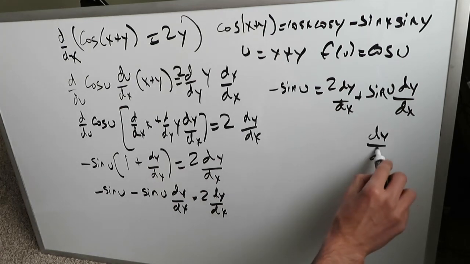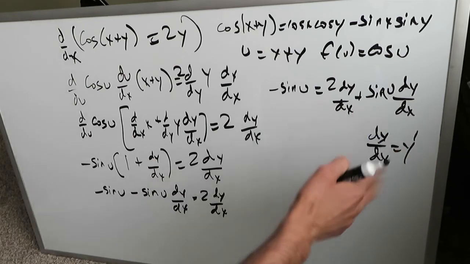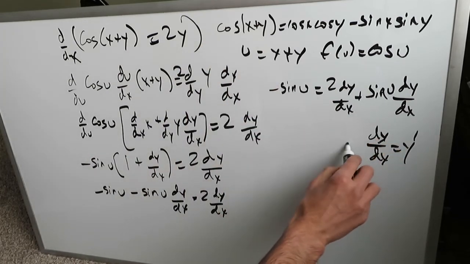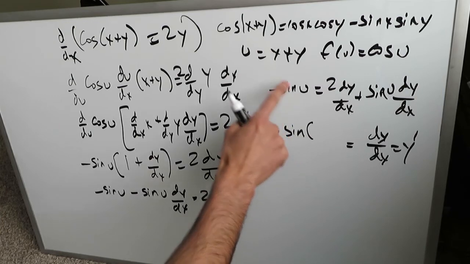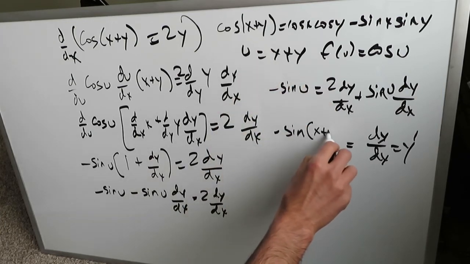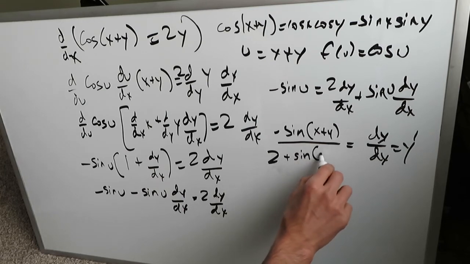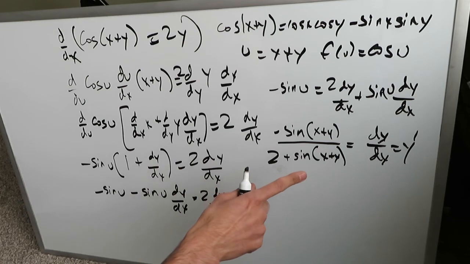dy over dx, which is the same thing as saying the derivative of y, implicitly derived with regards to x, is equal to minus sine u, and what was u? x plus y, so let's resubstitute x plus y, over 2 plus sine u, which is x plus y. And right there we're seeing it come into play, and you're done.